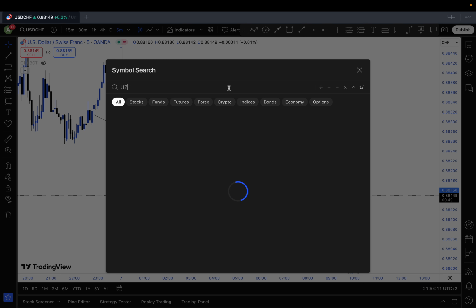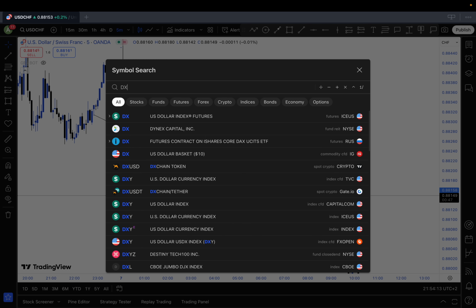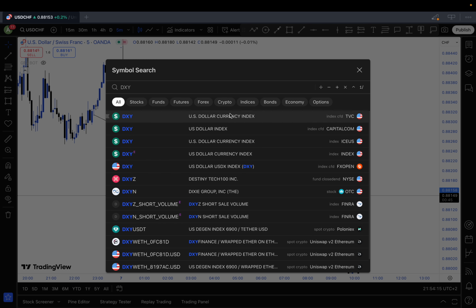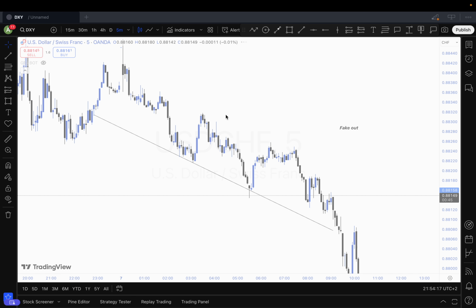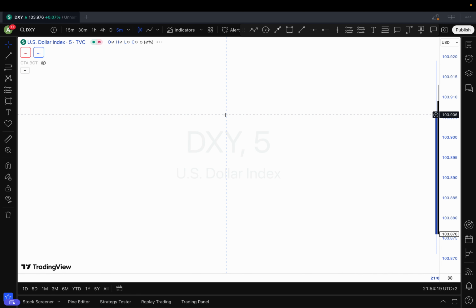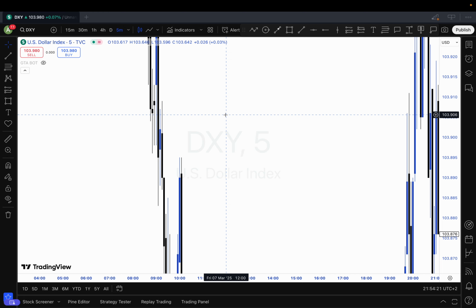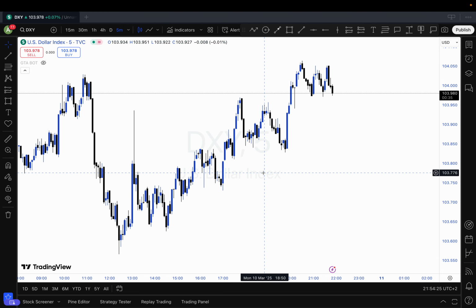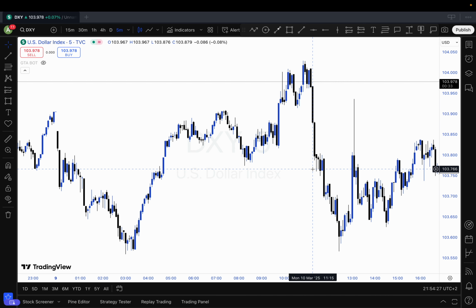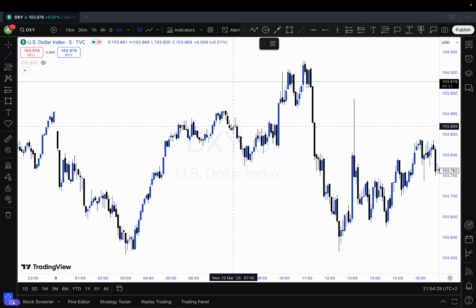Even let's say you are trying to use DXY, which is the dollar index. You can also get this breakout there, no matter what. So there's an example.